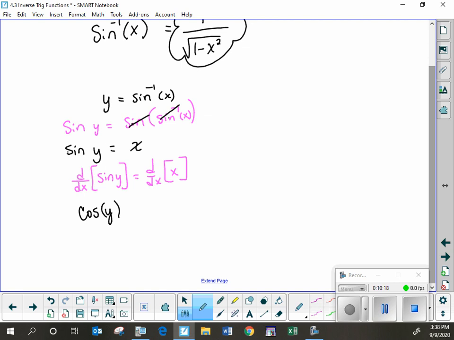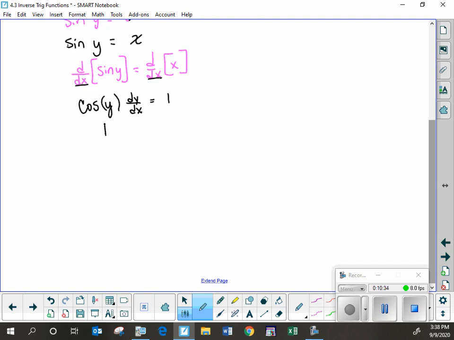So the derivative of sine becomes cosine of y, but we're with respect to x, so we've got to do an implicit dy/dx. Over on the right, the variable is x, it's with respect to x, so that makes it easy. It's just simply 1 on the right. Now, we're going to write dy/dx is equal to 1 over the cosine of y. Oh, interesting.